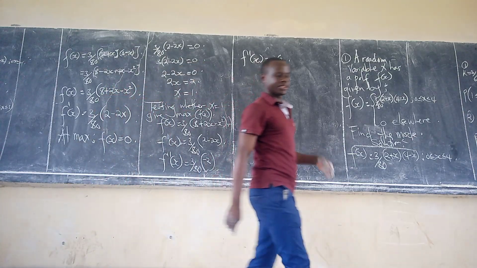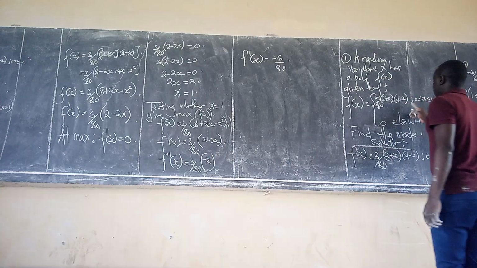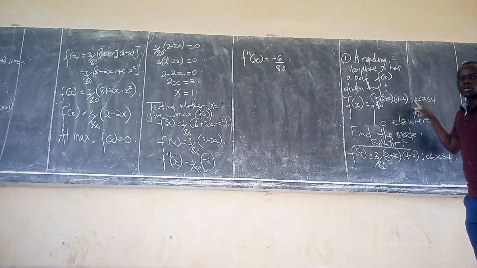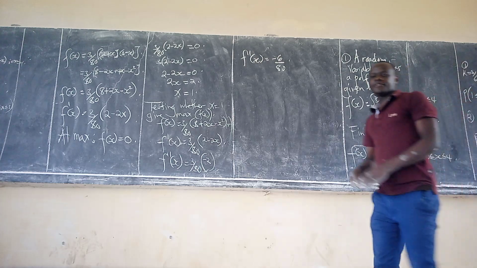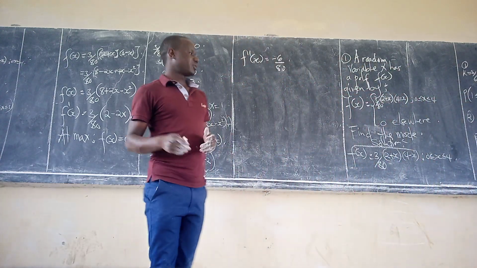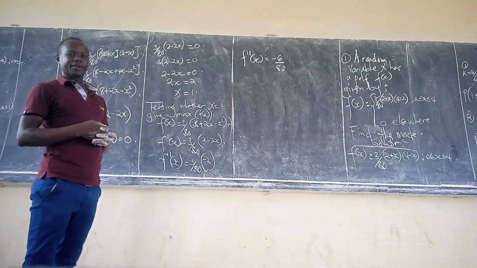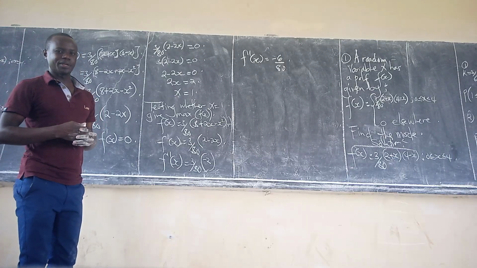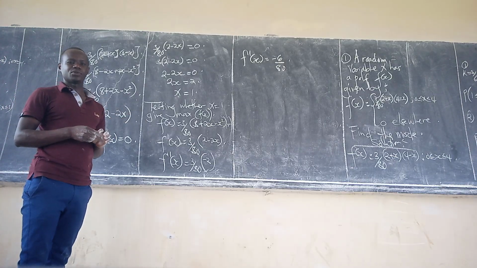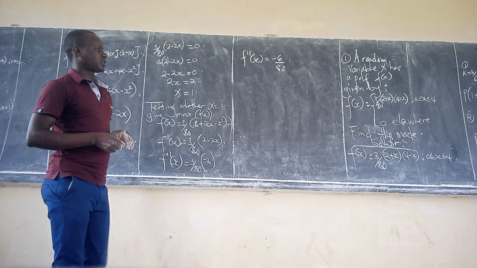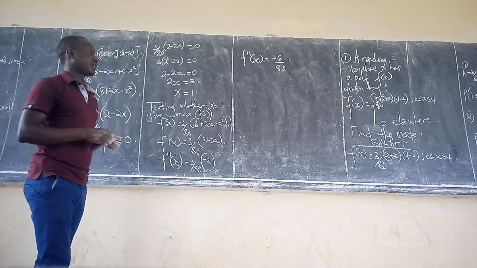I'll come here and check. My PDF was defined from 0 up to 4, and 1 is definitely between 0 and 4, which means that 1 can be the mode, because it is in the range of the values of x in which the PDF is defined.